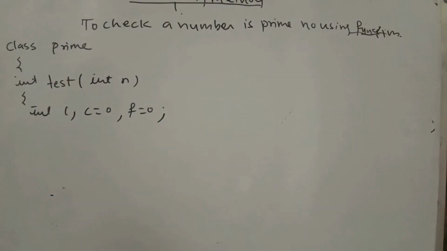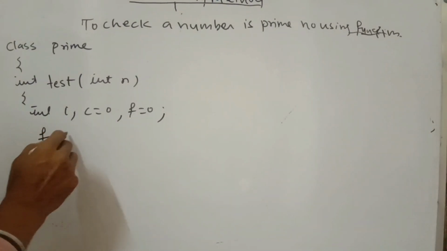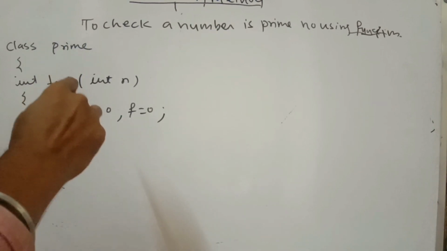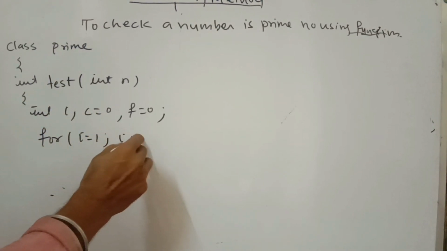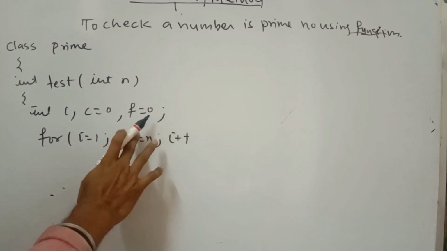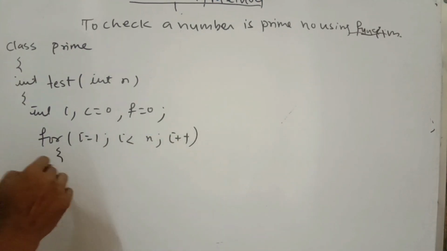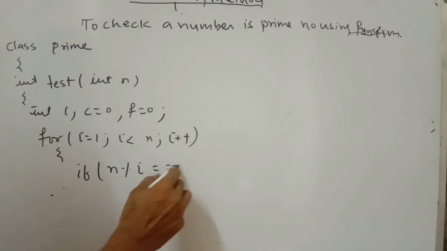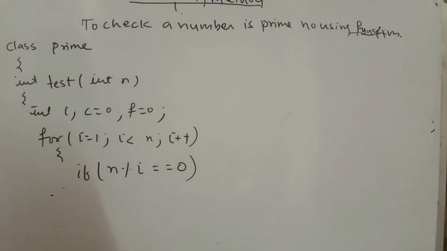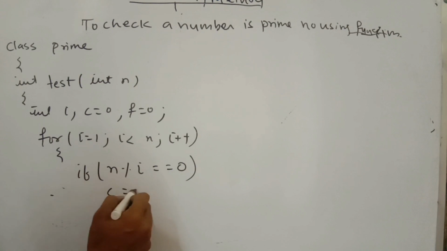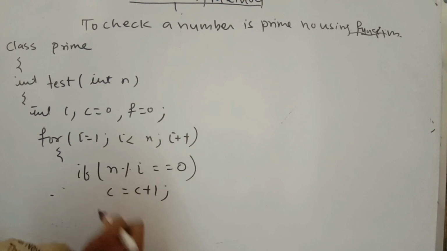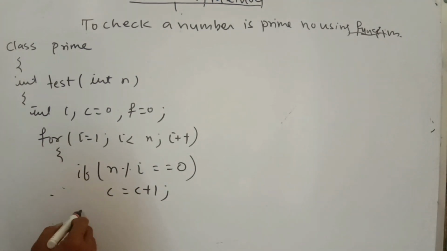Okay, after that create this loop. It is the logic of the prime number. So i = 1, i <= n, i++. Now, if n mod i equals 0, that is, if it is divisible, then I increment c = c + 1. Then close the loop.